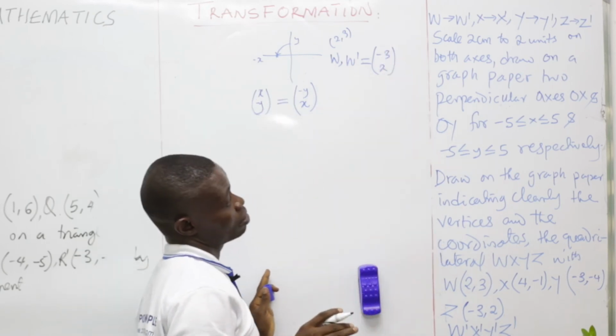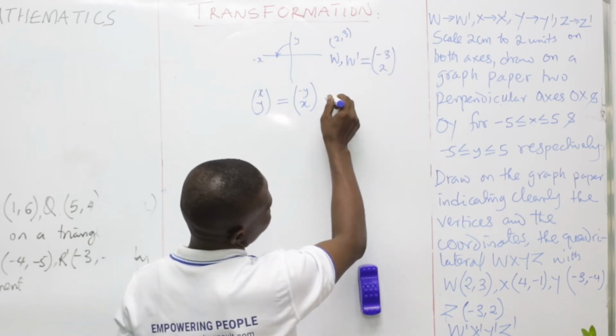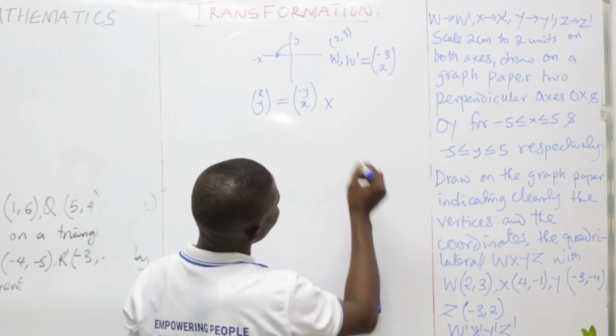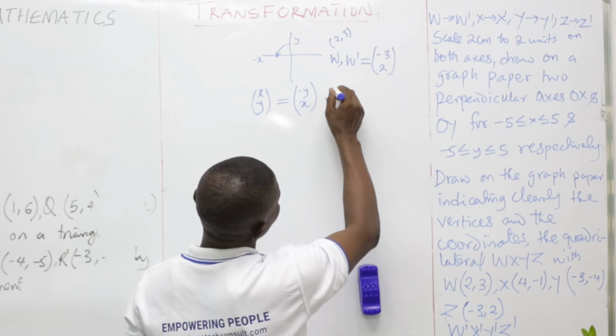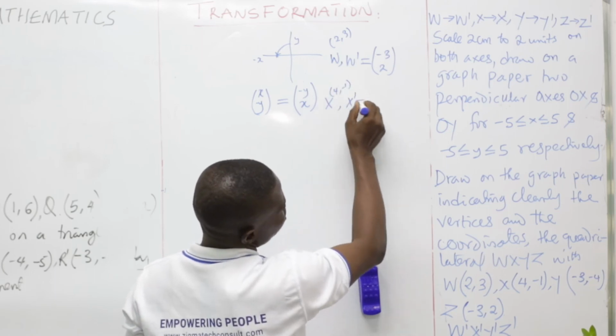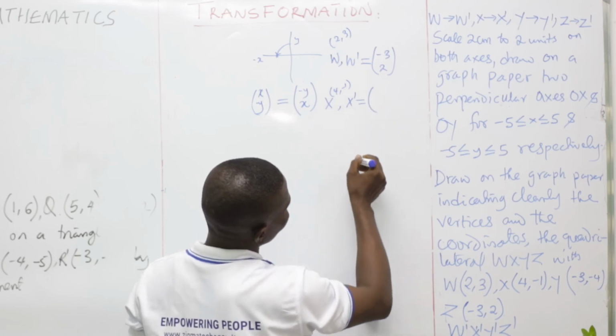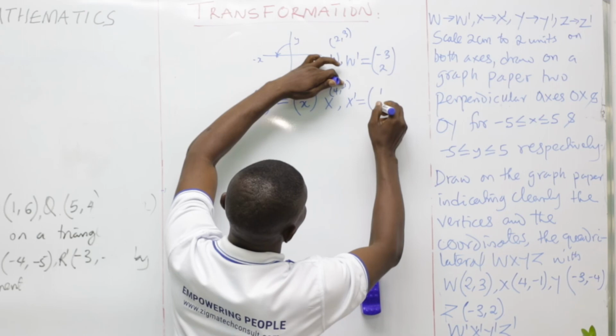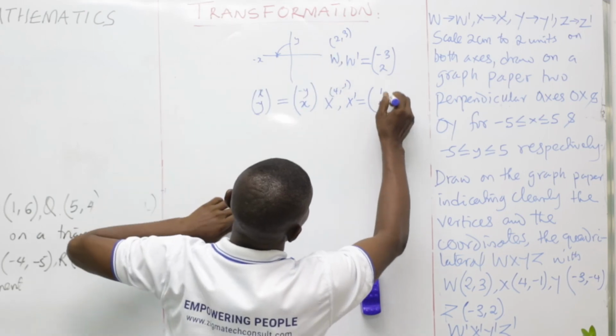We're done with that. So X has been given to us. What is our X? (4, -1). The image will give us what? This is y as is. Minus minus is 1. Then (1, 4).